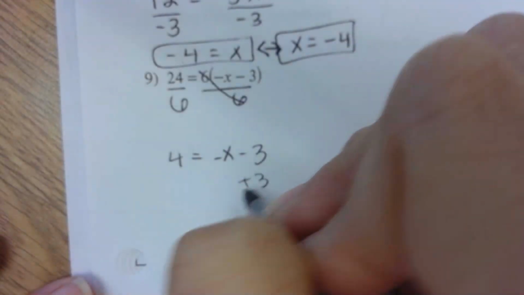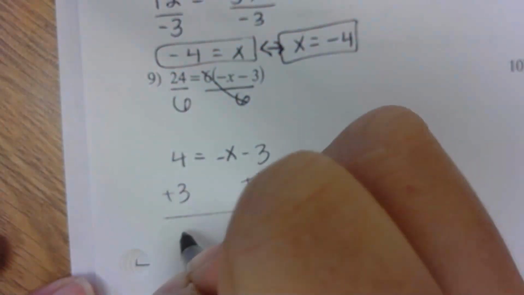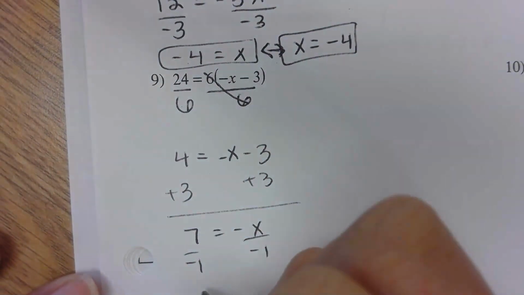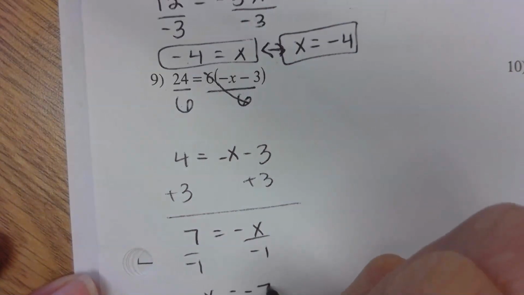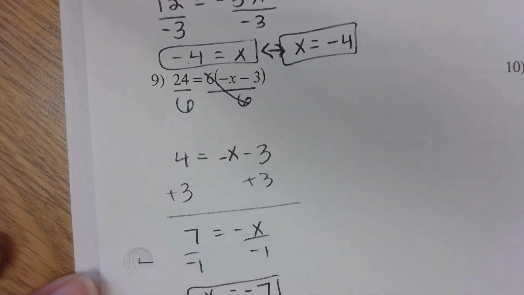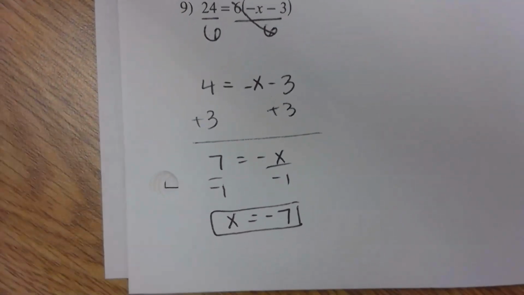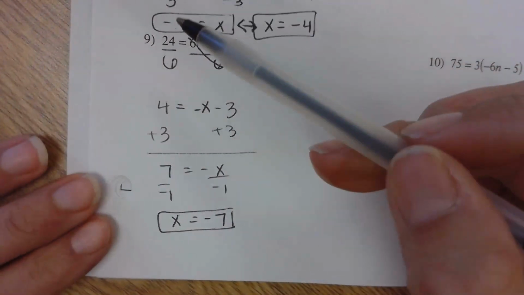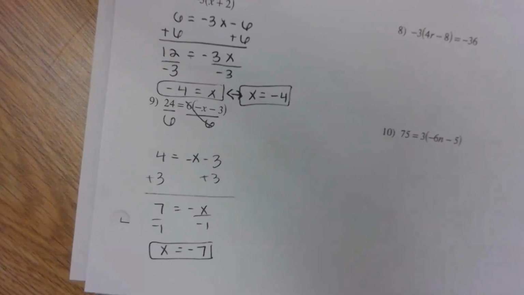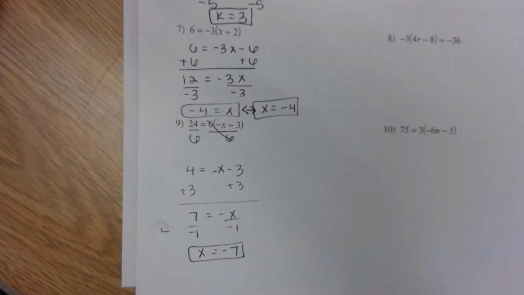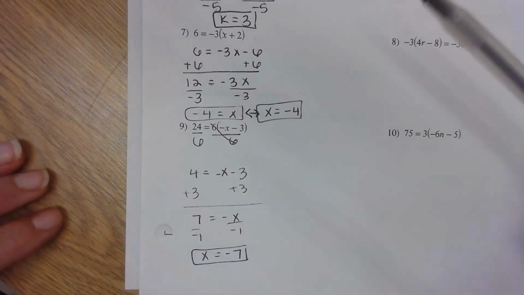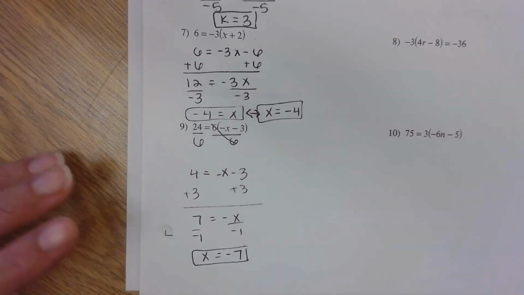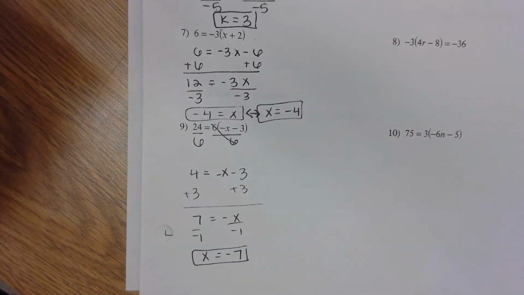Then you can add your 3 to both sides. Divide by negative 1. And you get x equals negative 7. So doing 7 either way is perfectly fine. It doesn't matter if you divide or distribute, both will work and give you that correct answer.